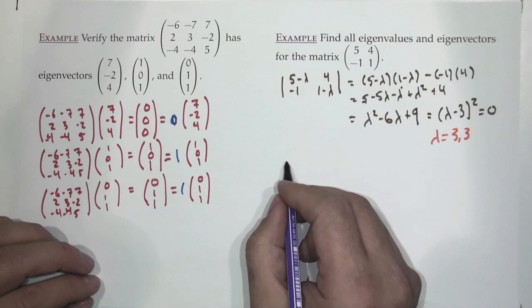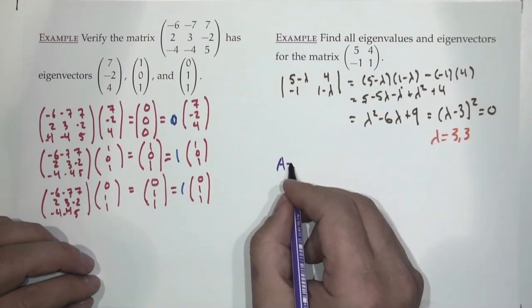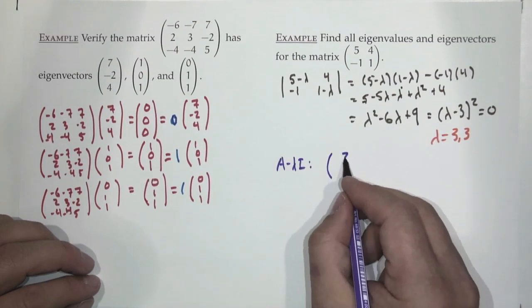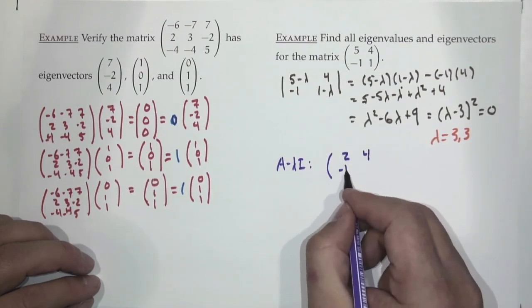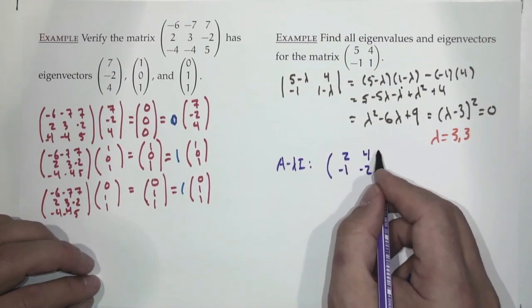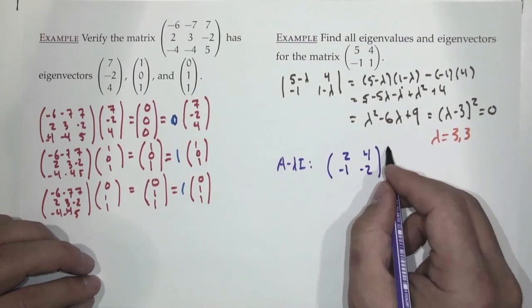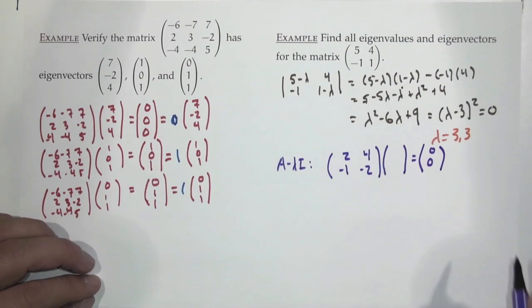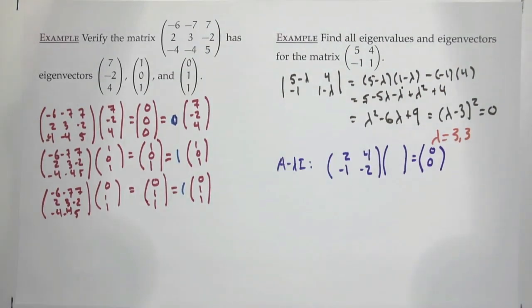Okay. So, we look at A minus lambda I. So that would be 2, 4, minus 1, minus 2. And the question is, what can you multiply that by and get 0, 0?